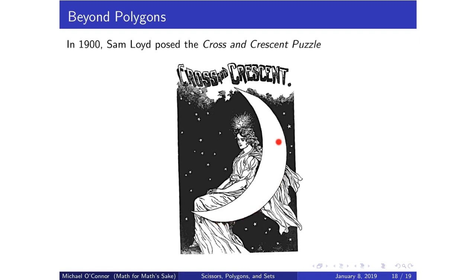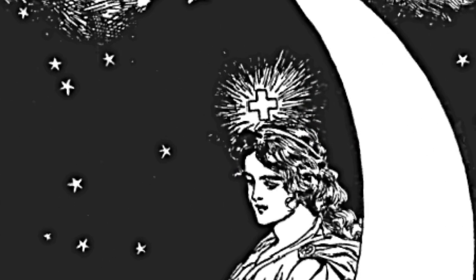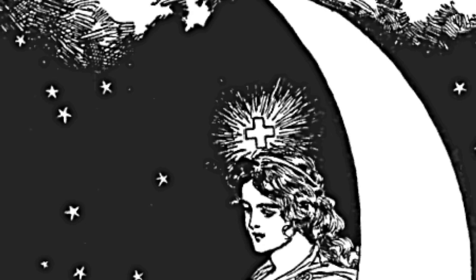This is some sort of curved thing: a circular arc, then a straight line, and then a circular arc. The puzzle is to dissect this and make it into this cross, which obviously has to be scaled to the same area. I'm not sure what the cultural context of a crescent cross is.